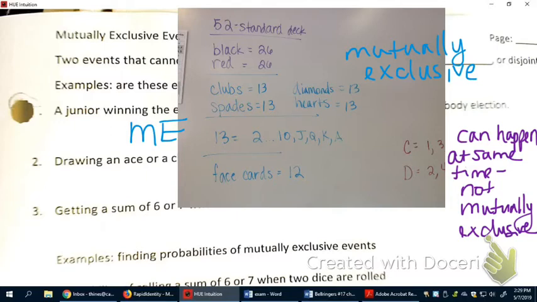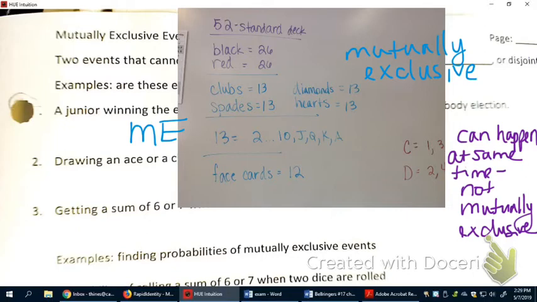And the 13 cards for each suit are 2, 3, 4, 5, 6, 7, 8, 9, 10, and then Jack, Queen, King, Ace. So there's 4 2s, 4 3s, 4 4s, all the way up to 4 aces.